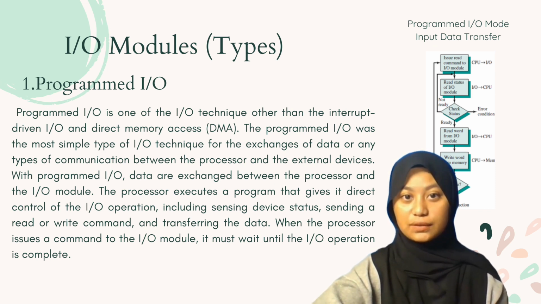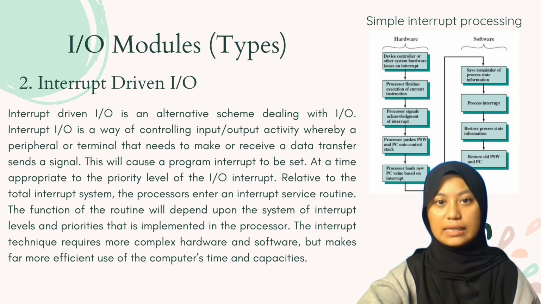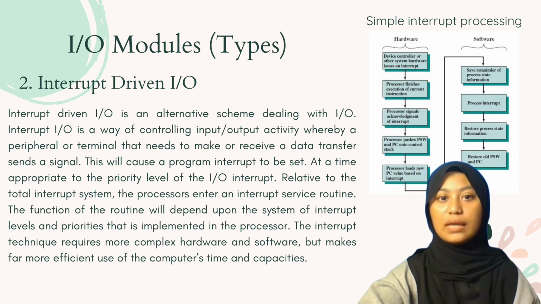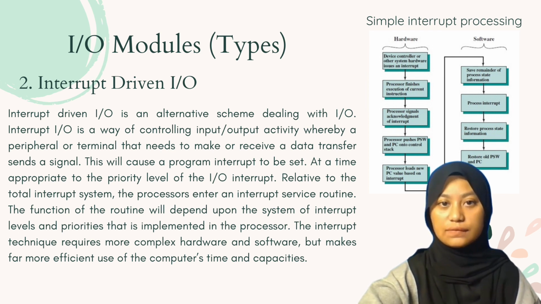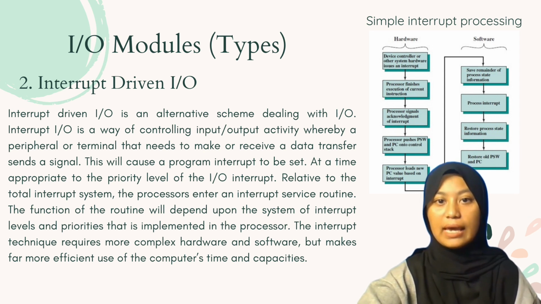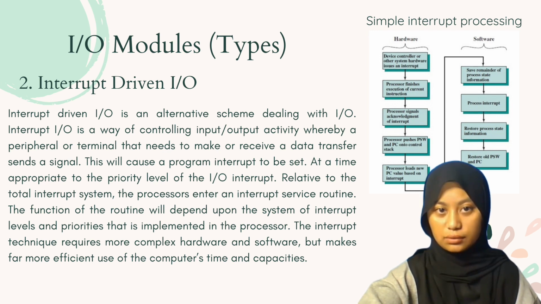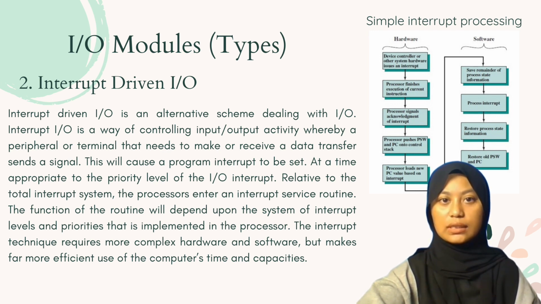input data transfer. Interrupt driven I/O is an internal scheme dealing with I/O. Interrupt I/O is a way of controlling input or output activities whereby a peripheral or terminal that needs to make or receive a data transfer sends a signal. This will cause a program interrupt to be set at the time appropriate to the priority level of I/O interrupt relative to the total interrupt system.